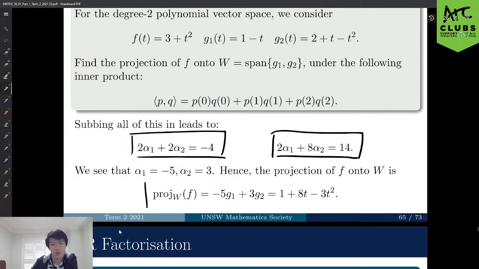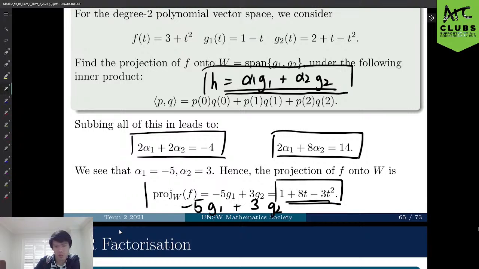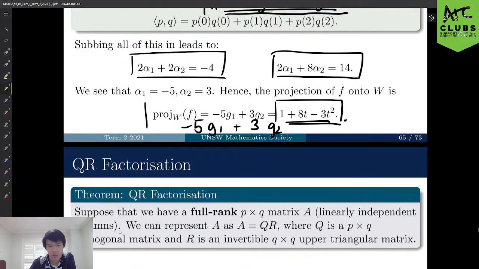Because remember, we defined our projection as h equals alpha 1 g1 plus alpha 2 g2. So we sub in minus 5 g1 plus 3 g2 equals this thing. And that's our projection.